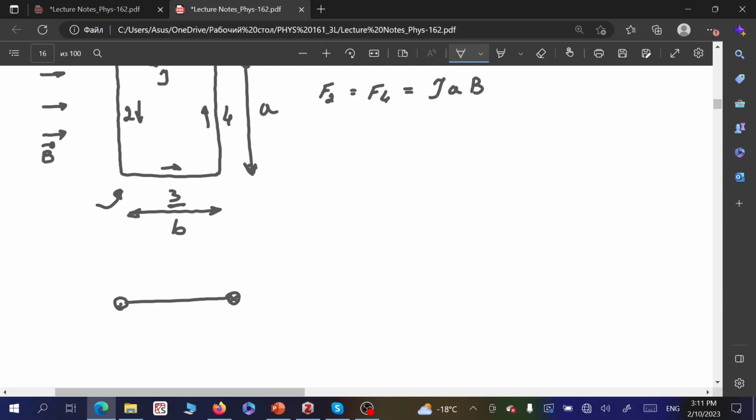So if we consider some central point O, let us now define the orientation of the magnetic forces exerted on segment 2 and segment 4. So let me write that this is segment 2, this is segment 4.